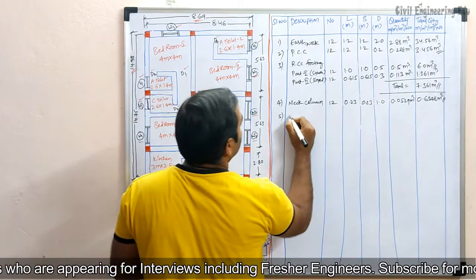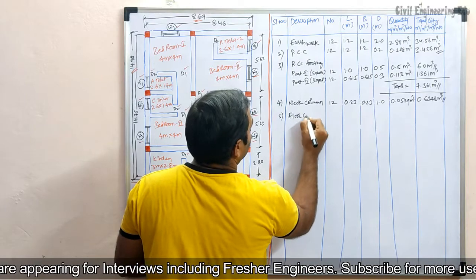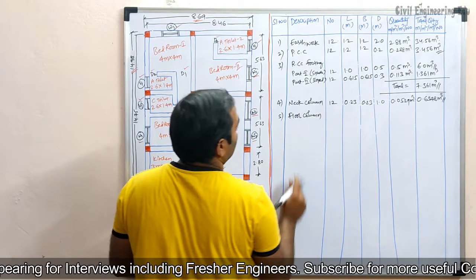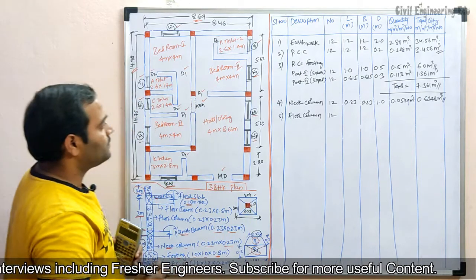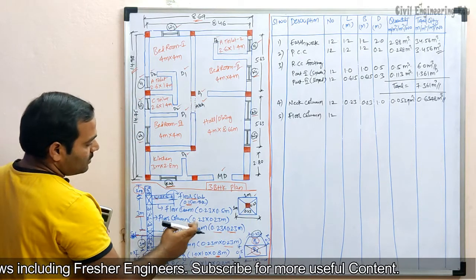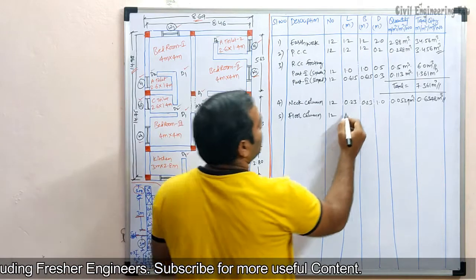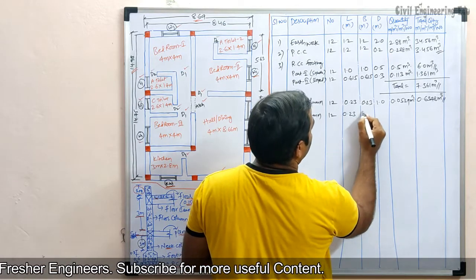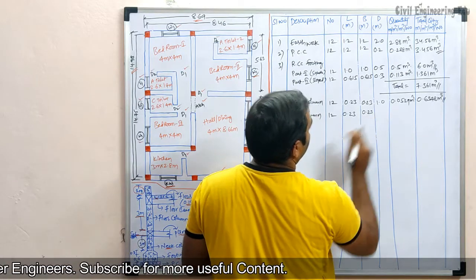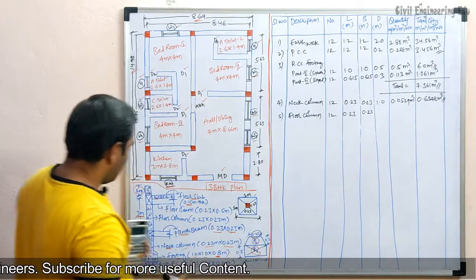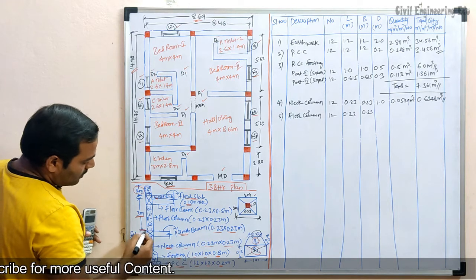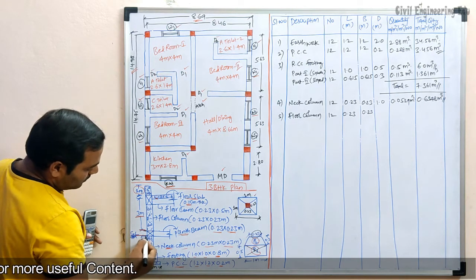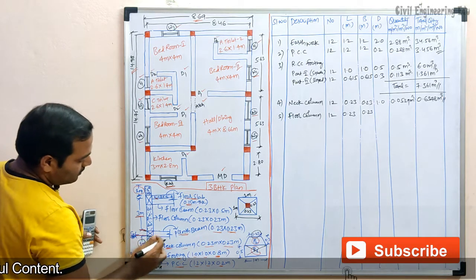Coming to the fifth one, floor column. So total 12 numbers of floor columns are there. The size of floor column is the same, 0.23, here also 0.23. For the total height of column, for neck column we have taken only till the bottom of the plinth beam.